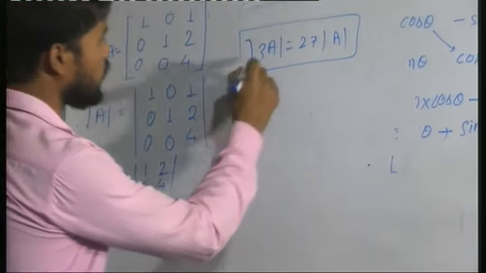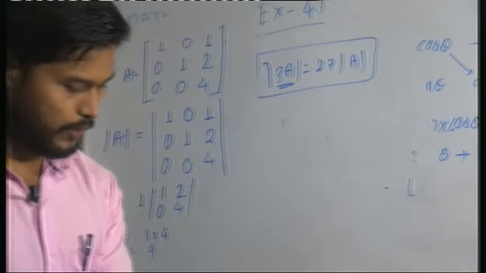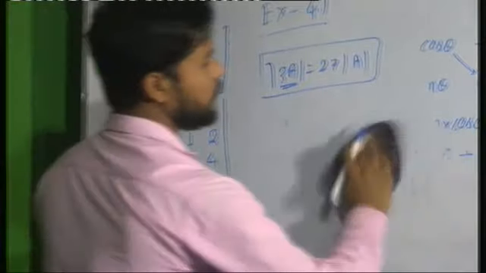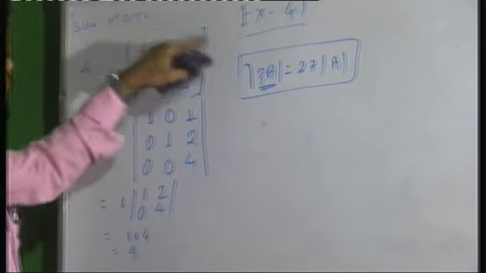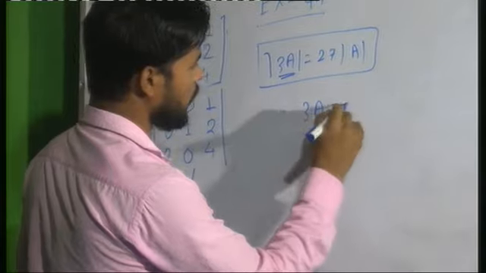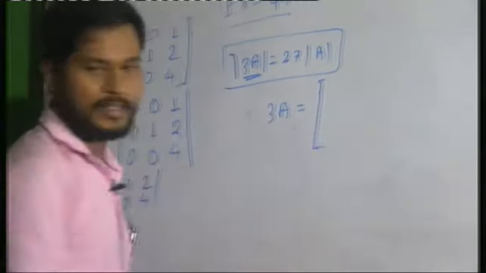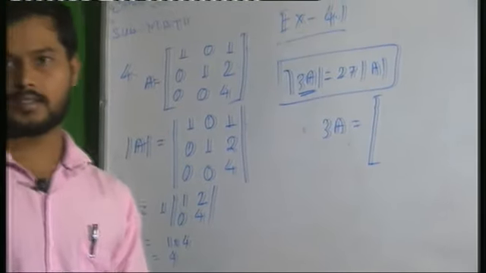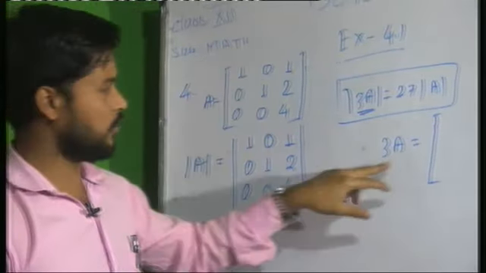Now we will calculate the value of 3A. I am solving it here. If A is equal to this matrix, what will be the value of 3A? We know from matrices that if you multiply a matrix by a scalar quantity, we have to multiply each element of the matrix by the scalar.